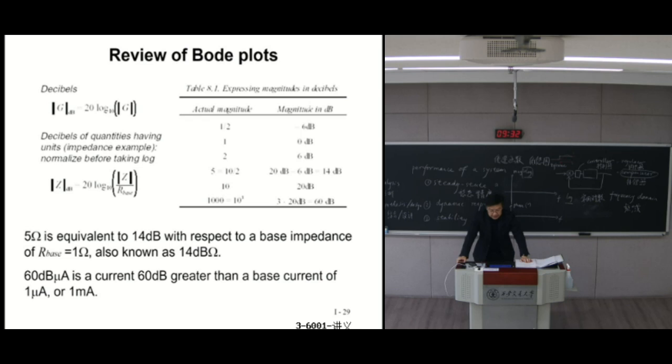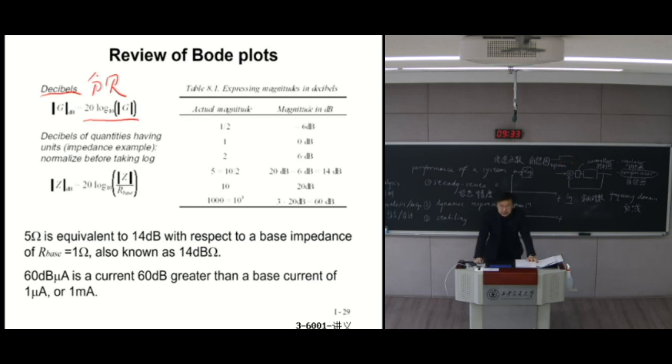There is a discussion in the lecture notes about decibels, and why we use decibels as the vertical axis scale. That means we're taking the common logarithm first and then multiplying by 20. That's the definition of decibel.